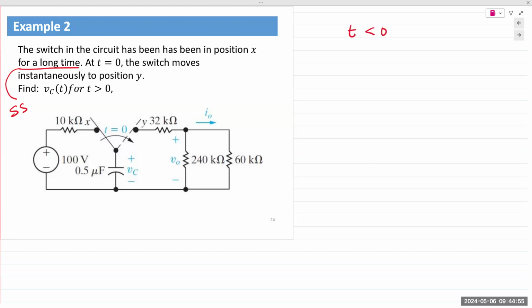So for time t less than 0, we have a capacitor that is connected to a voltage source for a long time. And that means the capacitor has reached full charge. So this is 100 volts. The capacitor has reached full charge.